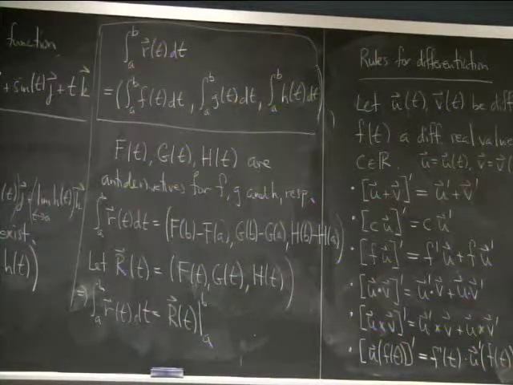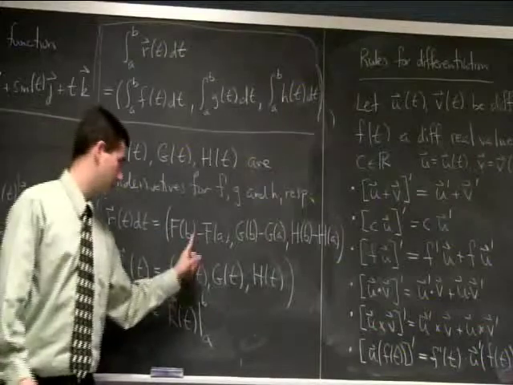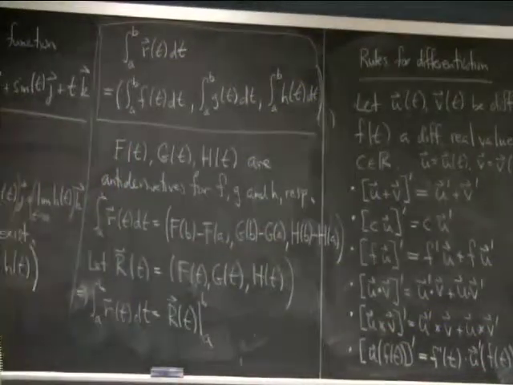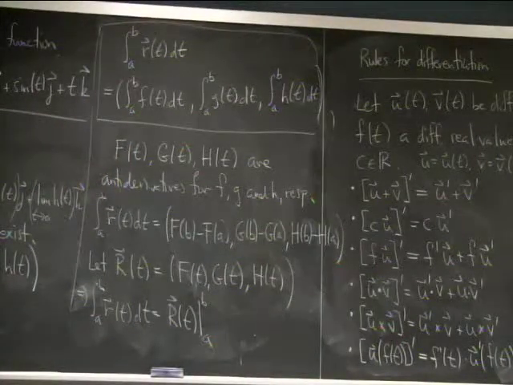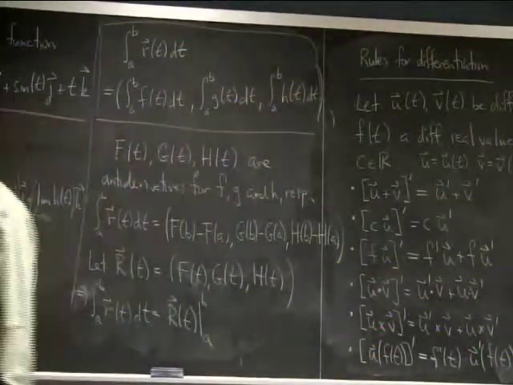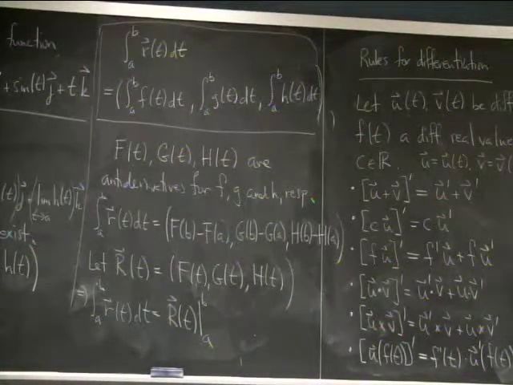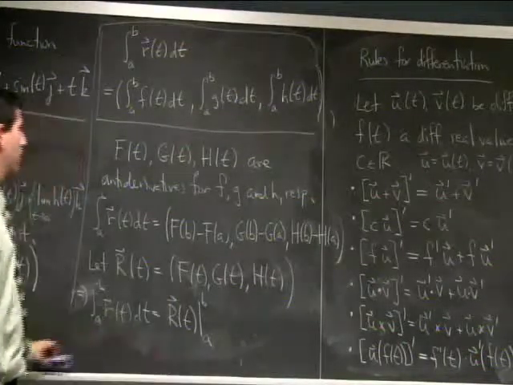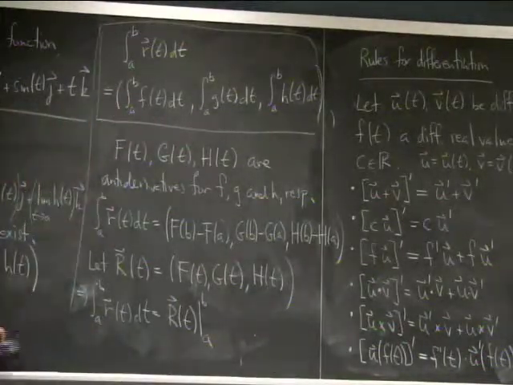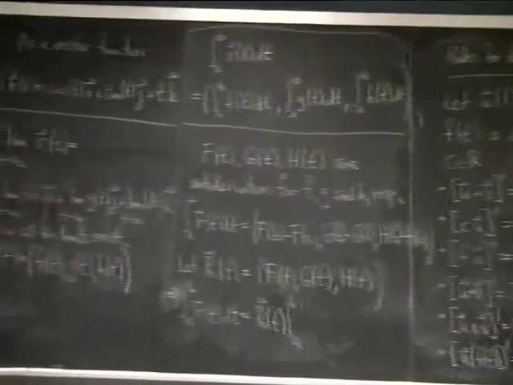So basically the fundamental theorem of calculus holds. You can find an antiderivative for r by just finding antiderivatives for all the component functions. Of course, this assumes that all the component functions have an antiderivative. But if they're continuous, then we can do all these things. Well, at least we can compute these. Okay, any questions?